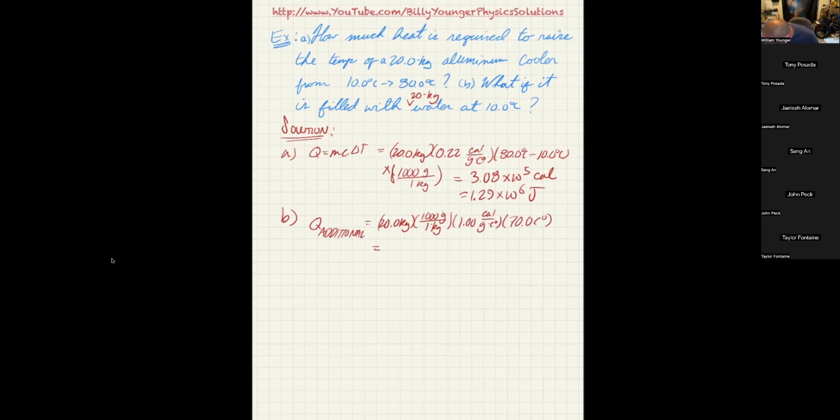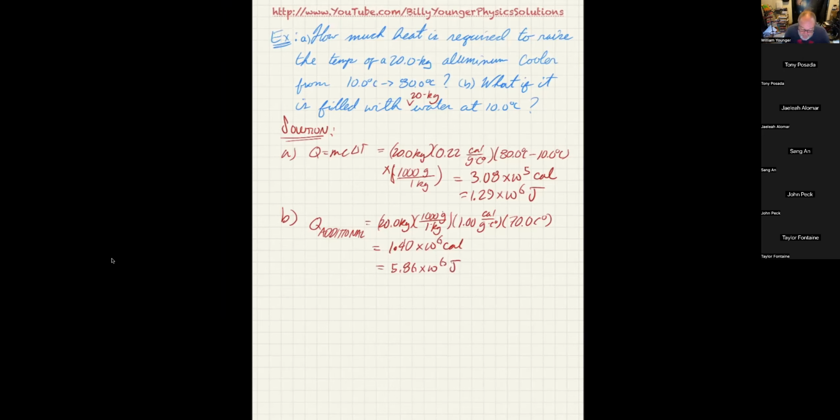So now I'm going to do this, and I get 1.4 times 10 to the 6 calories, which is equal to 5.86 times 10 to the 6 joules as well.